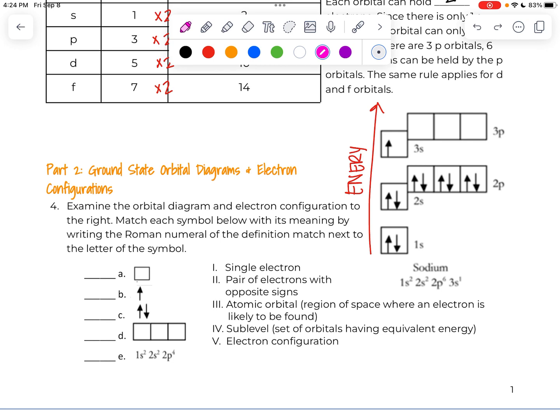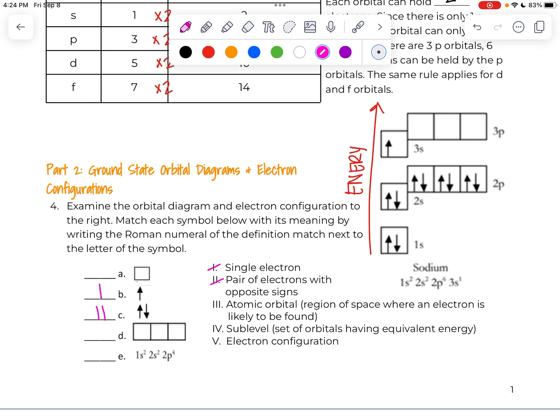That must mean it is a single electron. So I'm going to say that those two match up together. Which means that if I have 2 arrows, like I see in letter C, that must be a pair of electrons. Now it says pair of electrons with opposite signs. So what do you think the sign could be referring to? It was probably referring to the direction of the arrow, up versus down. So that means that C must be II.